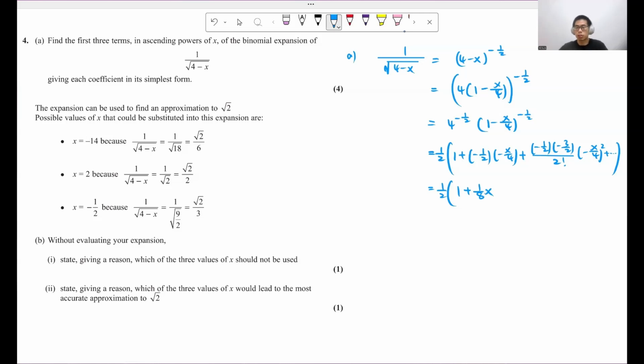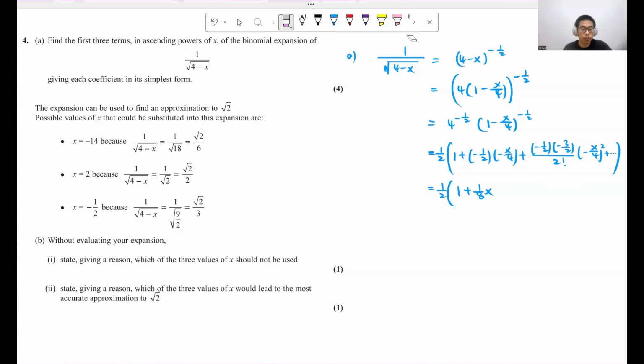And then for the x squared term, what I'm going to put in the calculator will be negative of 1 over 2 times negative of 3 over 2 divided by 2 factorial, and then times, in brackets, -1/4, squared. Again, you can't put x in the calculator. Since we already know that term is the x squared term, just let x equal 1 and then put all that in the calculator to work out the coefficient of x squared.